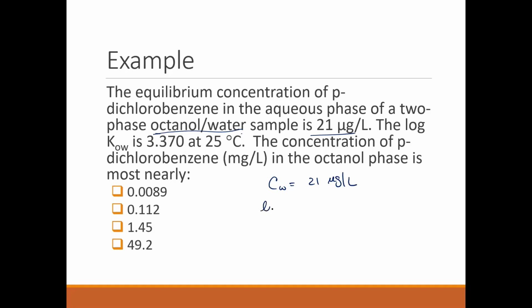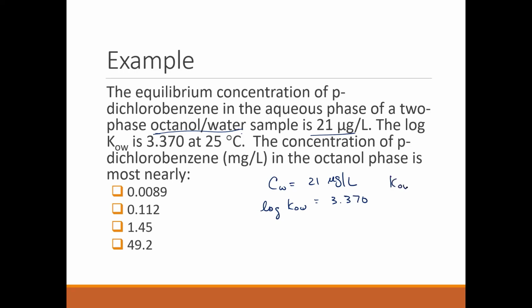And the log KOW, and typically your KOWs are given in log values, is 3.370. You're asked, what is the concentration of paradichlorobenzene in the octanol phase?